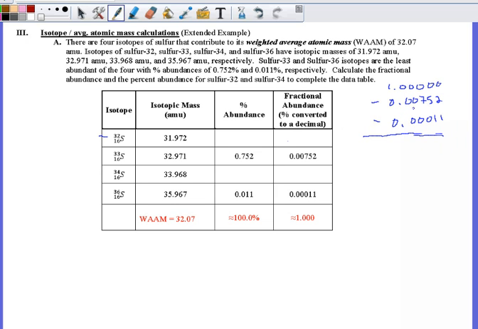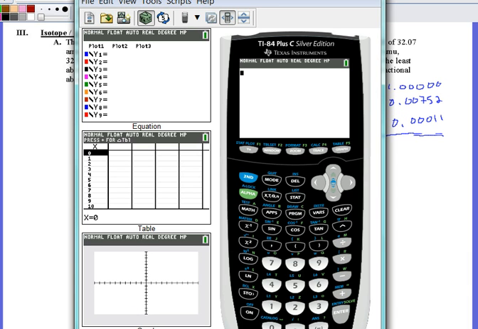So I've got to subtract that, and I'm going to see what I have left to make those 2 add up to. I'm just going to say 1 minus 0.00752 minus 0.00011.